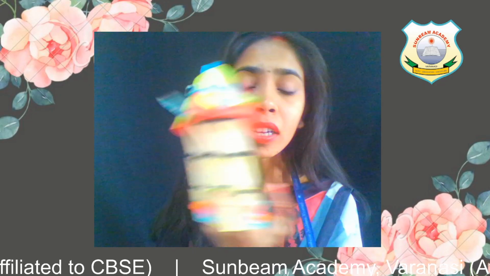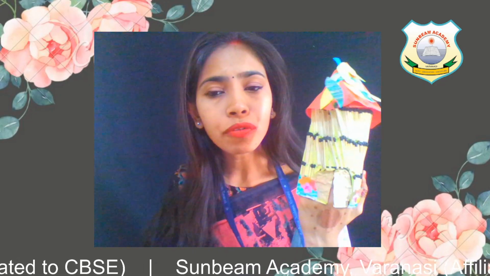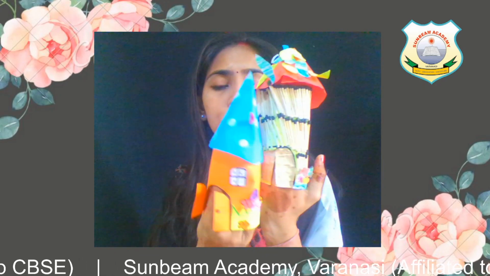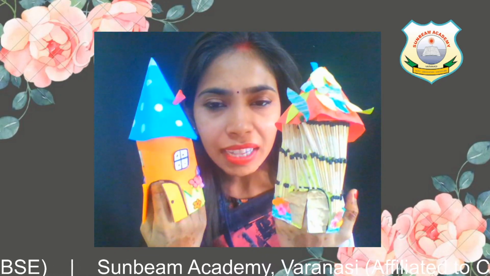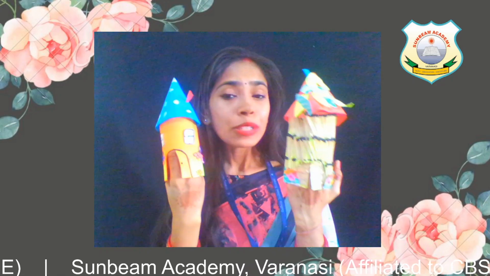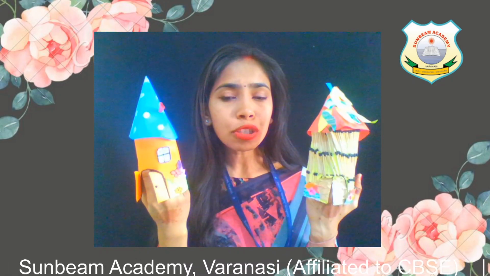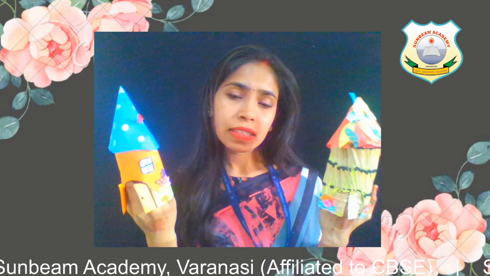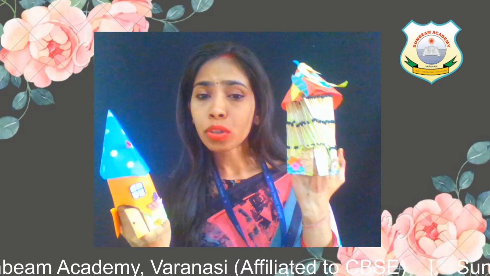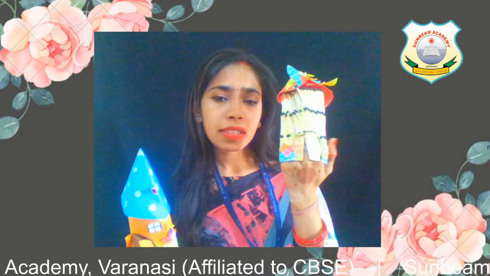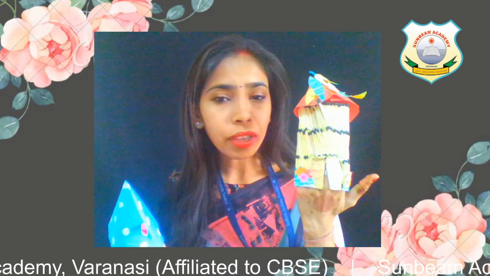So this is an example or a model of a kacha house, whereas this is an example of a pakka house, right? So how can you differentiate between these two? It's very easy. See, kacha houses are not very strong because these items that you can see don't last very long.